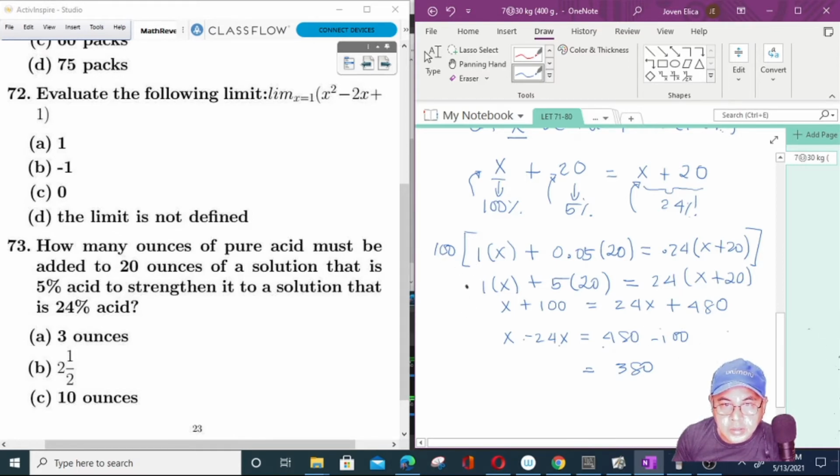Sorry, this is 100x, it's supposed to be 100x, I forgot. So 100x minus 24x is 76x because we already transposed and then we multiplied by 100. So 76x, therefore divide both sides by 76.